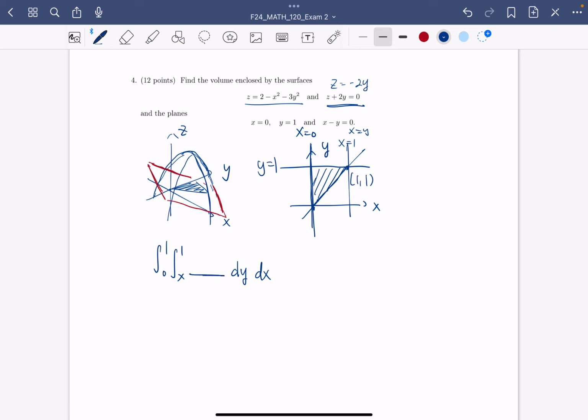Okay, and then we put our integrand right here. So this integrand should be the height of this paraboloid minus the height of that plane. I don't believe we have enough space to write down the integrand, so let's squeeze a bit. So the integrand is 2 minus x squared minus 3y squared minus 2y.